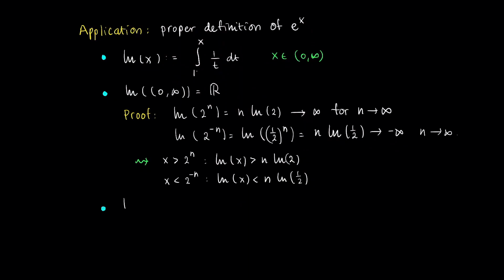So also we see that the derivative of the ln of x is 1 over x, as it is a primitive of the function 1 over t dt. So we see that the ln of x is a strictly increasing function, and it maps 0 to infinity onto R. So it has an inverse.